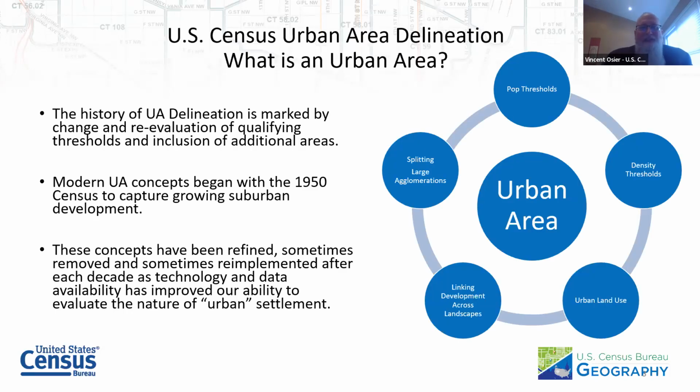So the history of the UA delineation, it's had many changes with each decade. We've been delineating some form of urban and rural since the late 1800s, 1880s. And the form we're more familiar with started with the 1950 census.